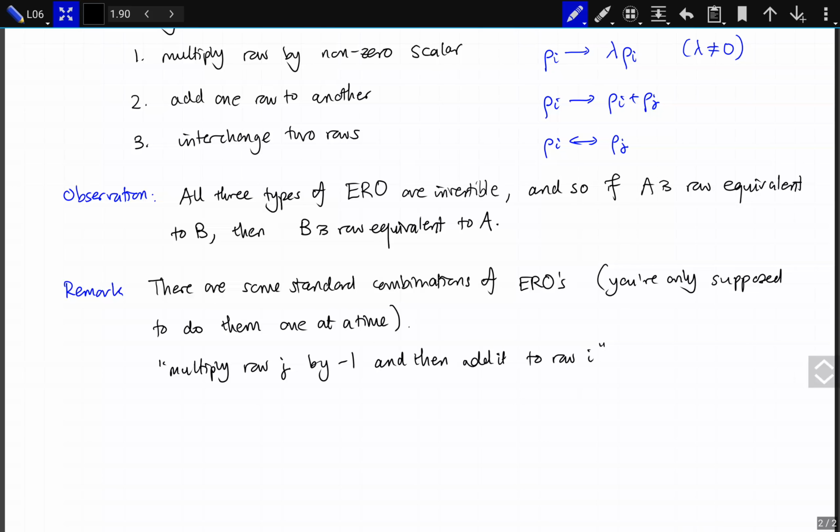This has a different name. I'm sure you can guess what it is. That's the same thing as subtracting row j from row i. And you can probably come up with some other ones of your own.